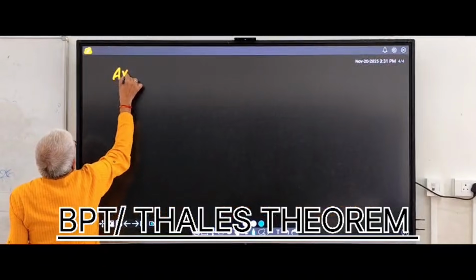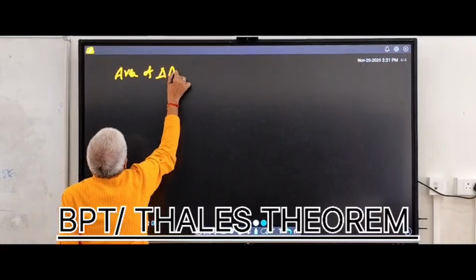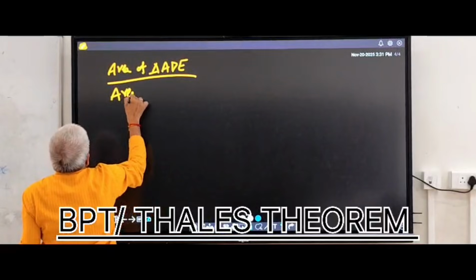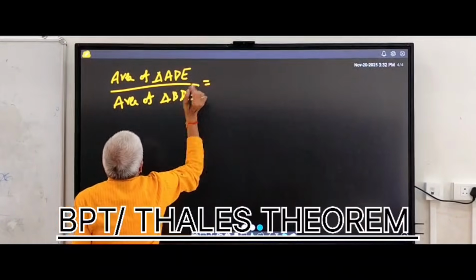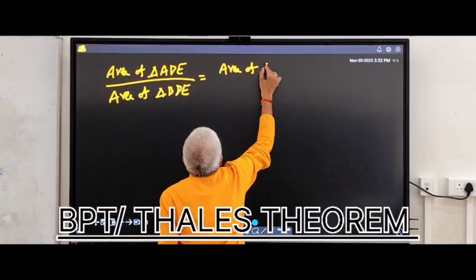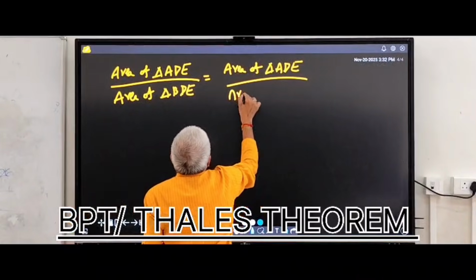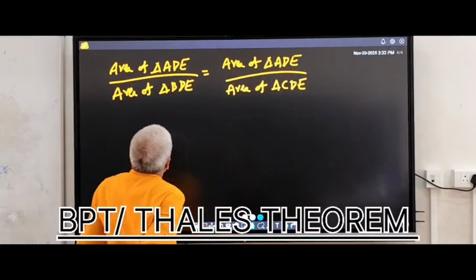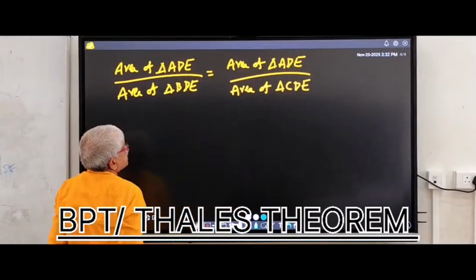Area of triangle ADE by area of triangle BDE is equal to area of triangle ADE by area of triangle CDE. Now if you closely observe, both sides' numerators are the same and denominators are different.